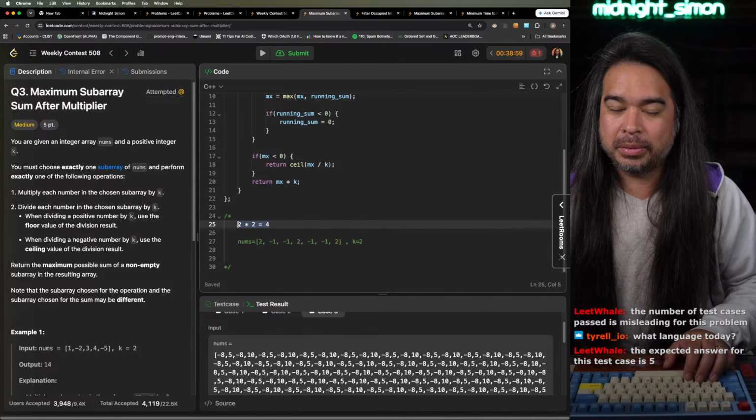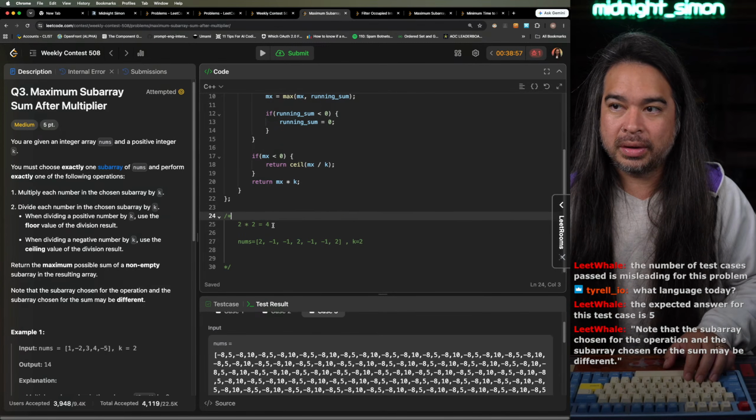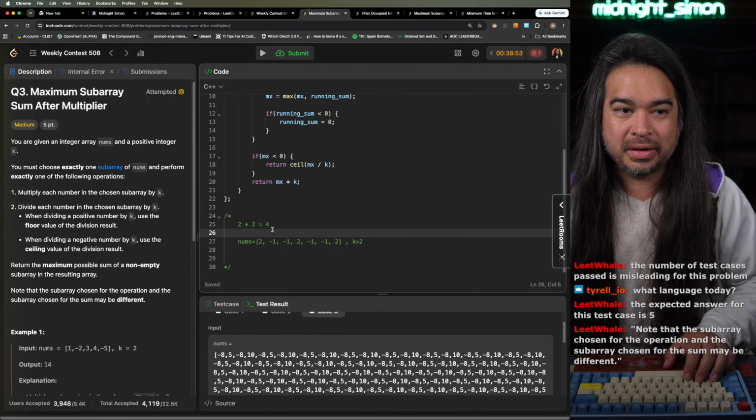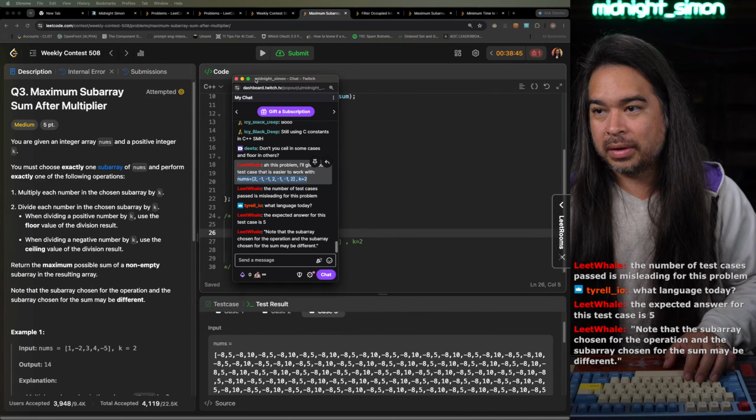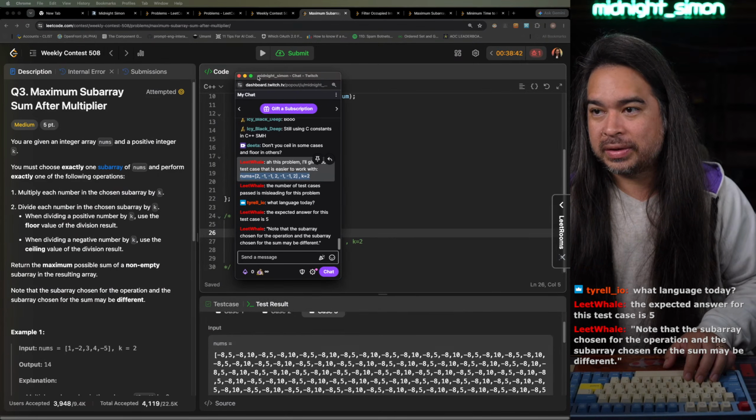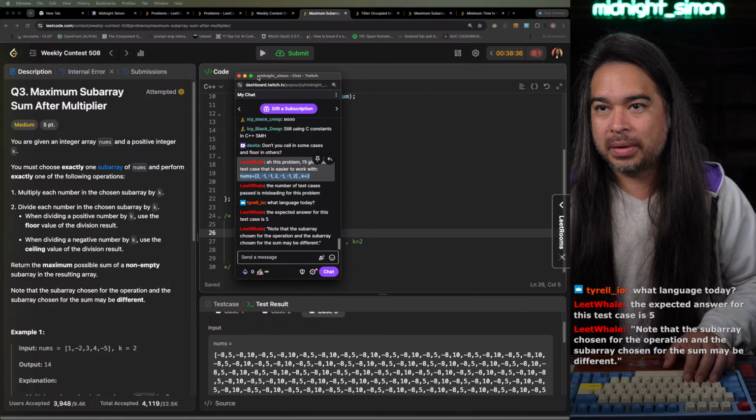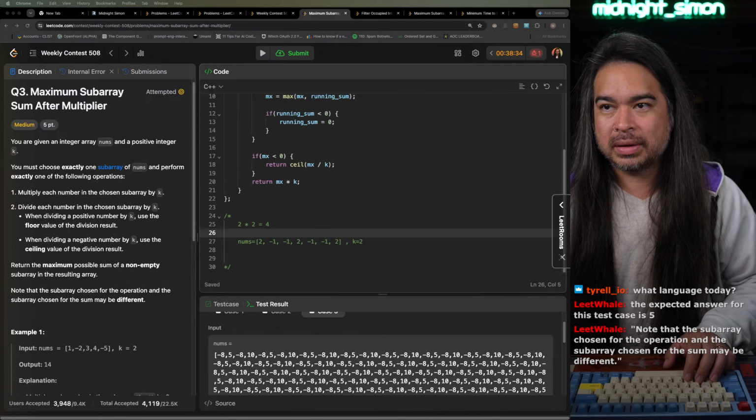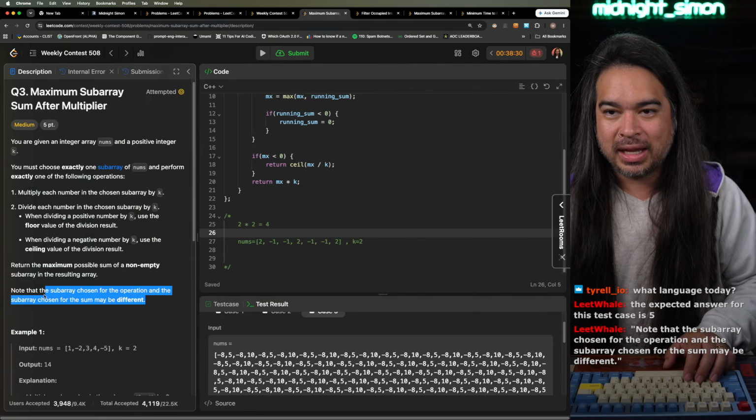But then it would still be 4. Or wait, the expected answer is 5. Wait, note that the subarray chosen for the operation and the subarray chosen for the sum may be different. Wait, what? That's a crazy statement to make.